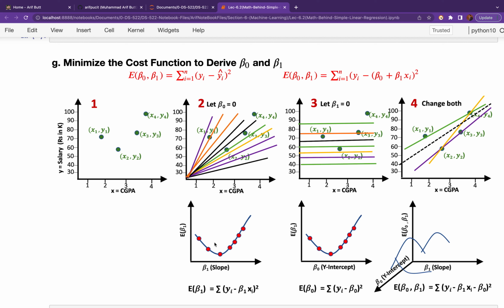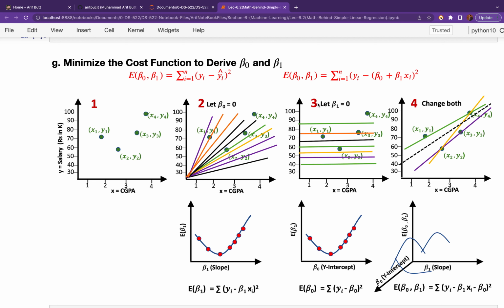And this graph on the bottom left shows the rate of change of the error function with respect to slope. We have different values of the error function, and the minimum value of the error function is over here, where the slope is almost 0.